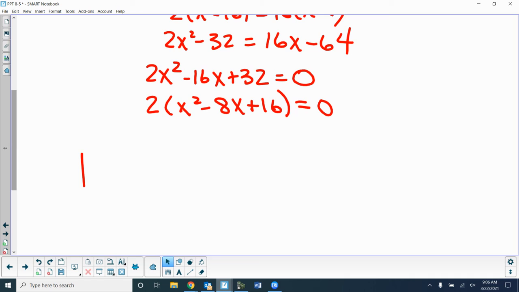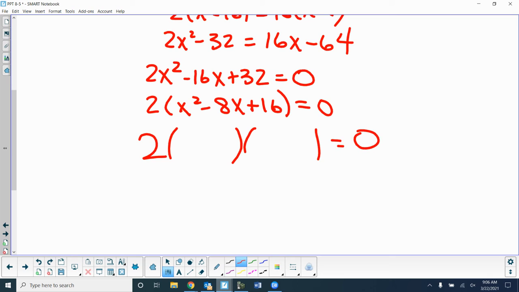Okay, so do I need to worry about that 2 anymore when I factor? I already factored it out, right? So what are the factors of positive 16 that add up to negative 8? Negative 4 and negative 4.